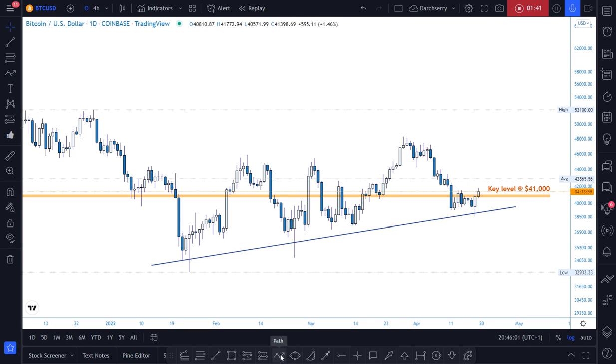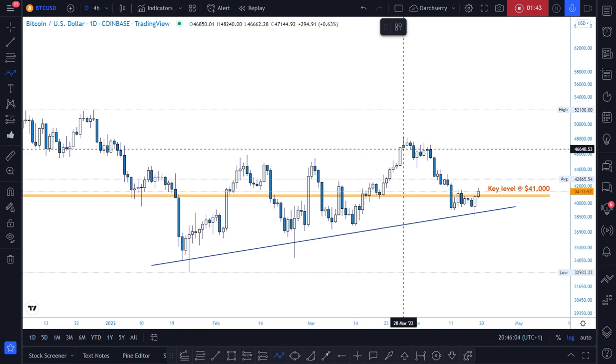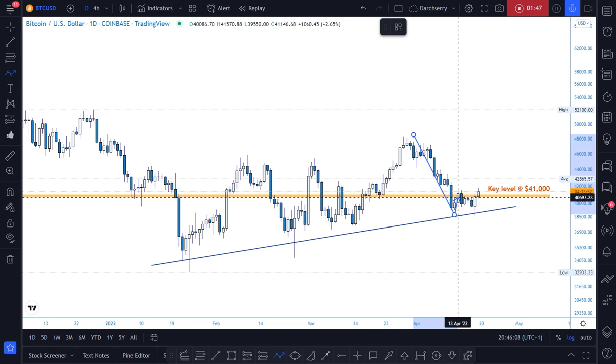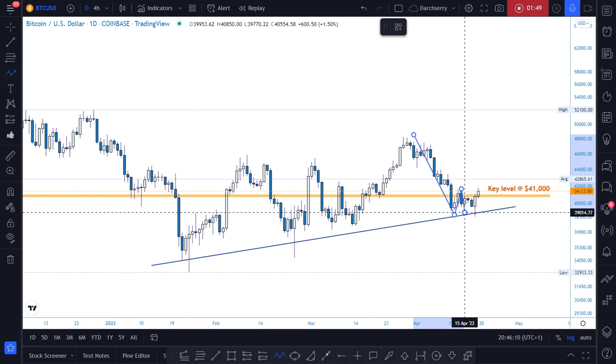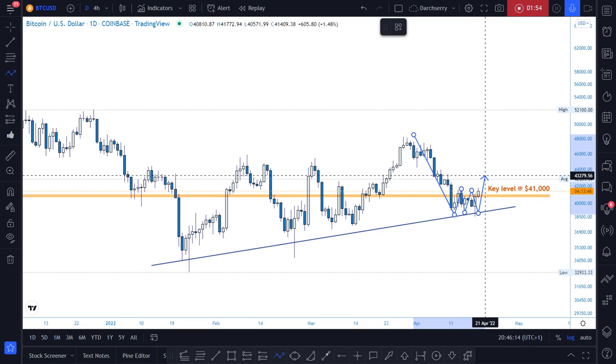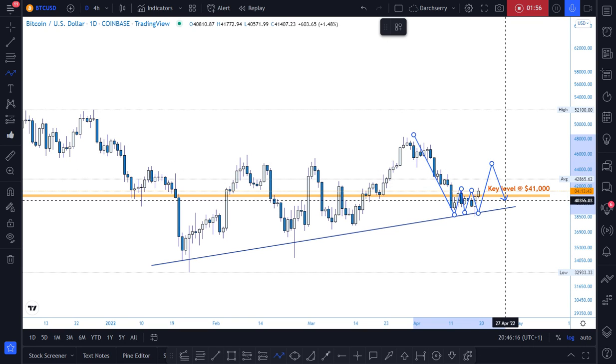And like I said in my last video, we are looking at a reversal structure coming up, then a breakout of structure, which is going to give us a signal, then a confirmation for an uptrend continuation.